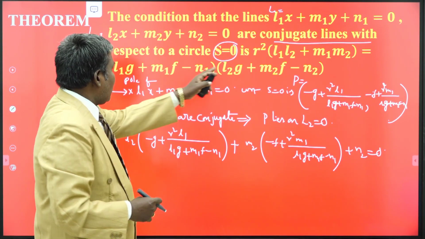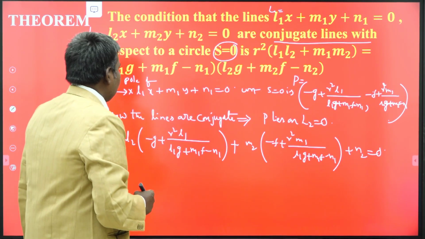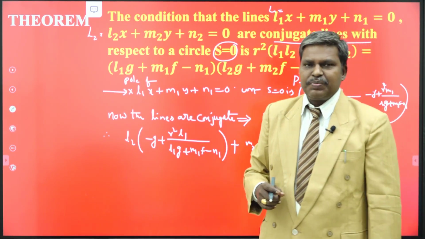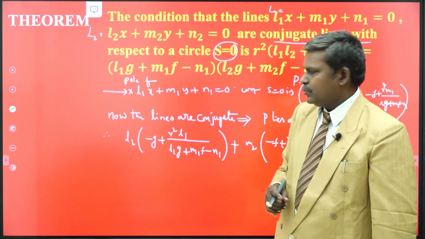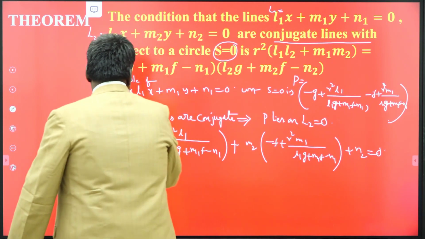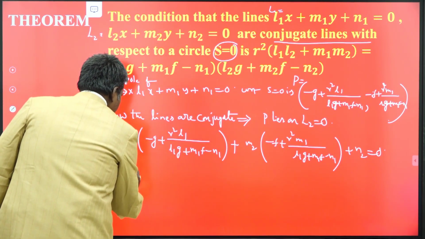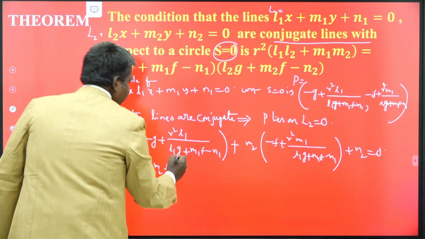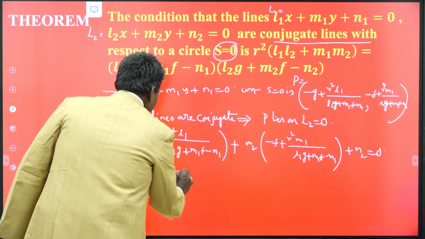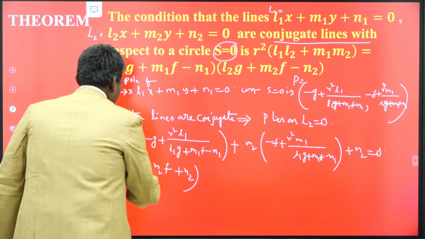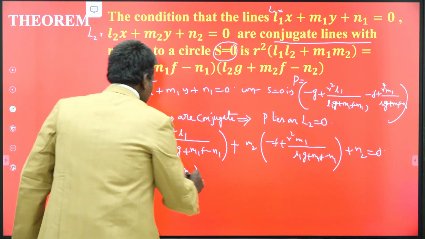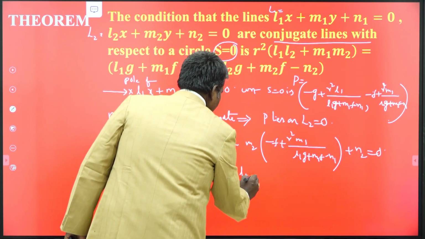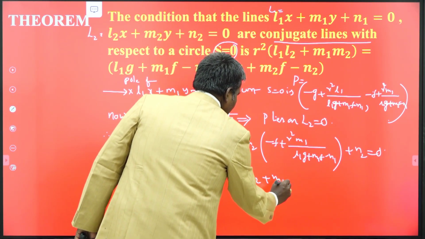That is, R² (L1 L2 + M1 M2) = (L1 G + M1 F − N1)(L2 G + M2 F − N2). So here we have −L2 G − M2 F + N2. Next, take R² common: plus R² times (L1 L2 + M1 M2).